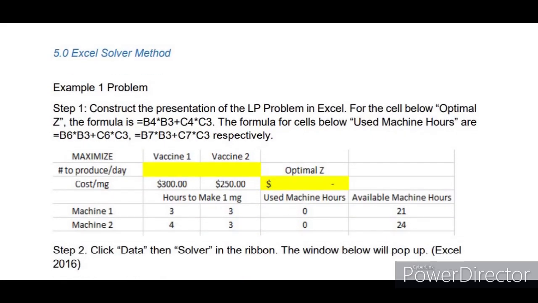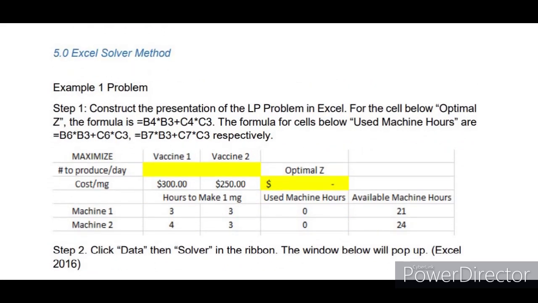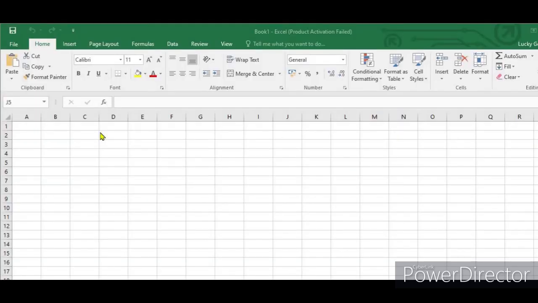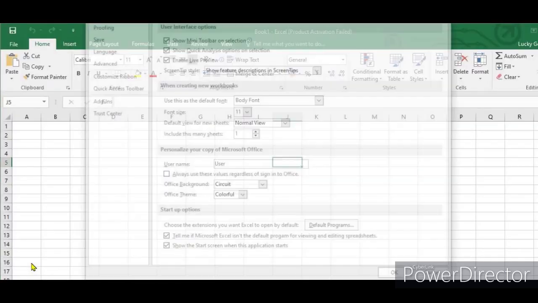Now let's go to the 5.0 Excel Solver method. So open your Microsoft Excel. Once you open your Microsoft Excel, you go to File. Okay, this is how to add Excel Solver in your Microsoft Excel. So you go to Options.